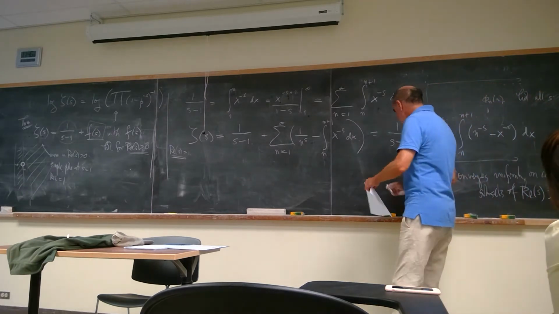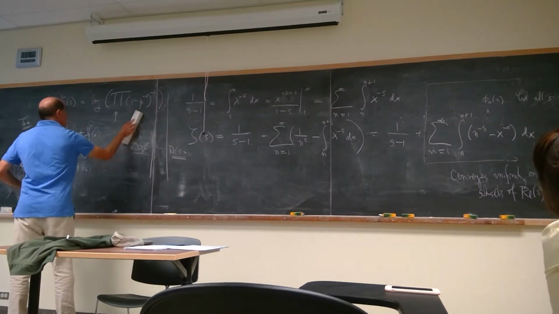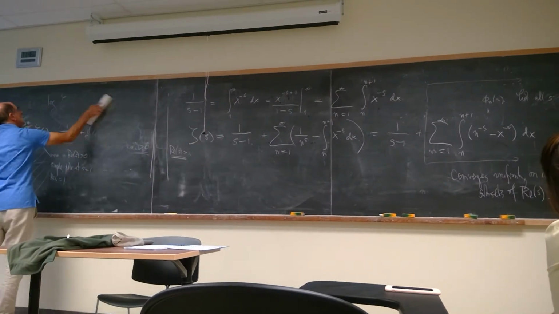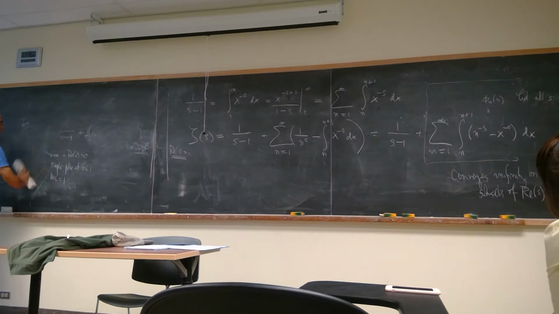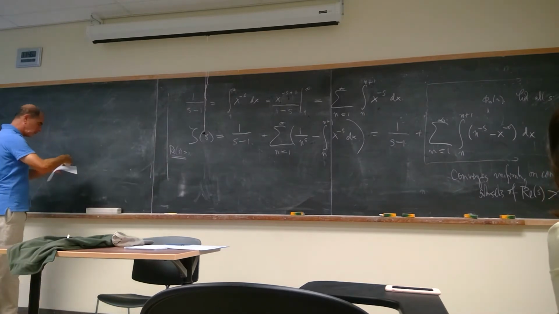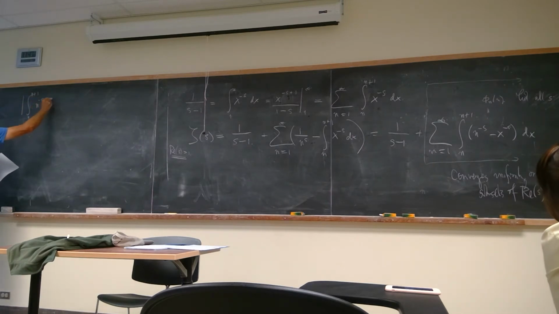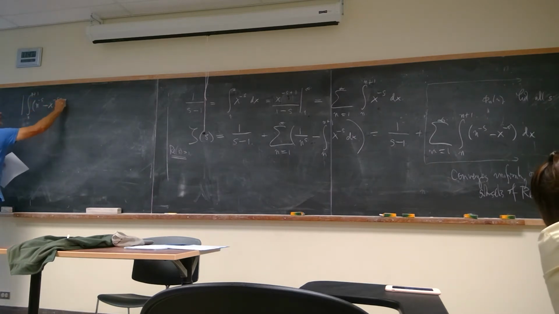How do we show that they converge uniformly on compact subsets? Well, let's estimate the absolute value of that integral, the integral from n to n plus 1 of n to the minus s minus x to the minus s dx.